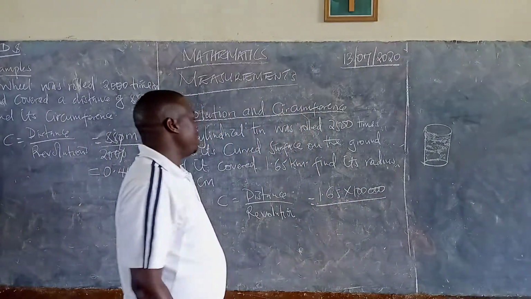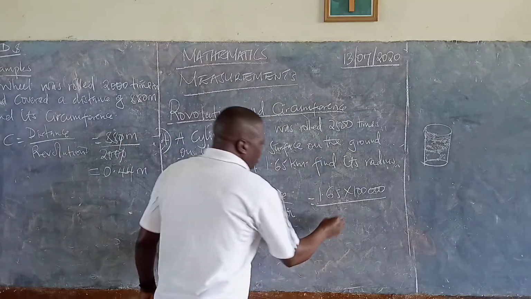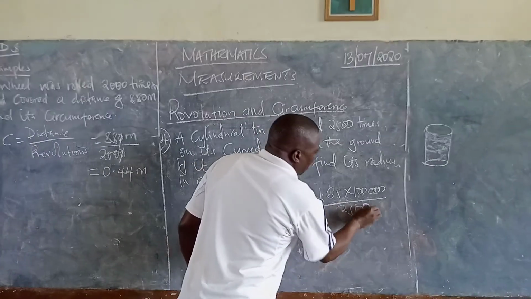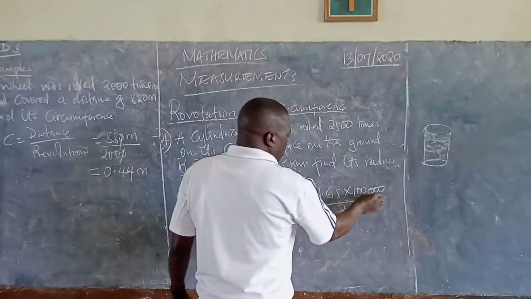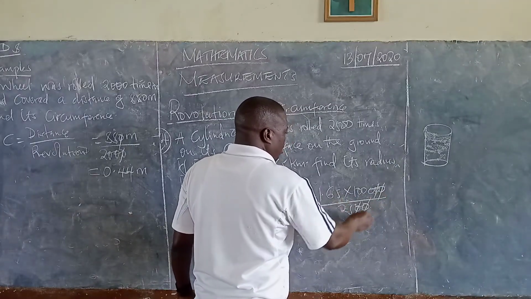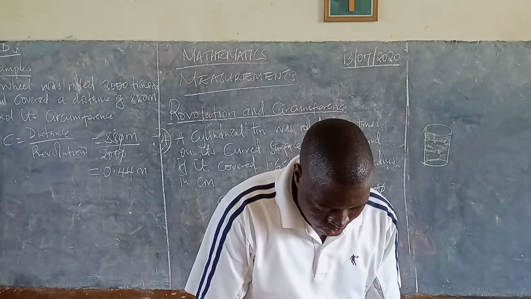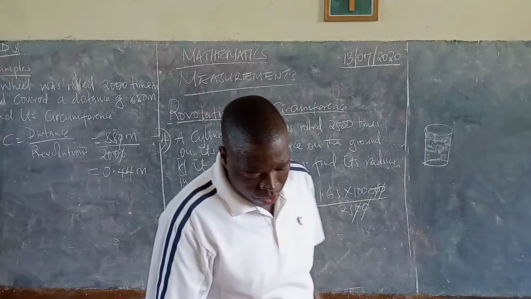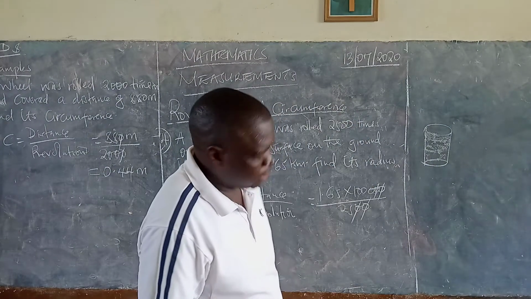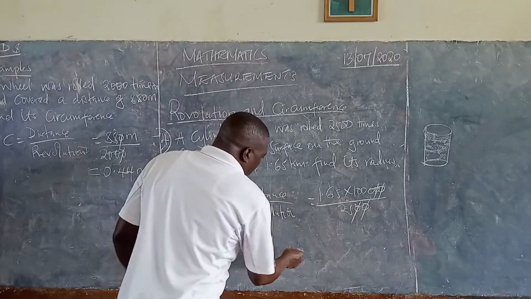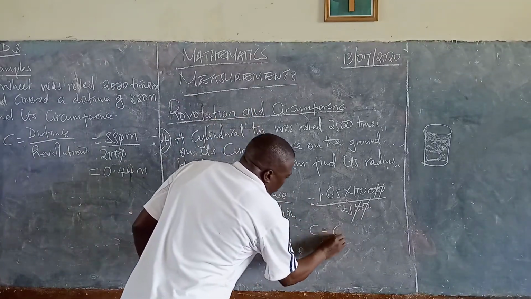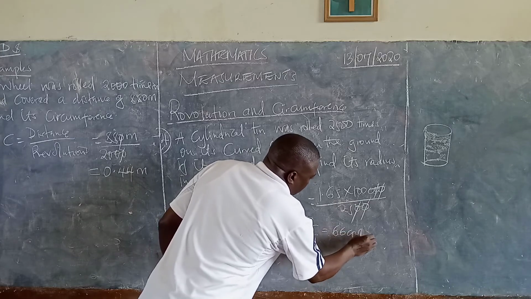Then we divide by the number of revolutions, which is 2,500. So after simplifying, we are going to have 66. We shall have our circumference to be 66 centimeters.